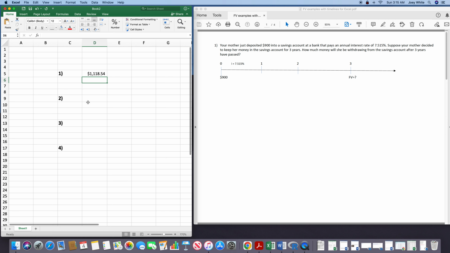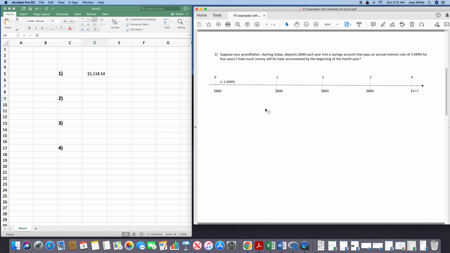All right. Let's look at number 2 now. Suppose your grandfather, starting today, deposits $800 each year into a savings account that pays an annual interest rate of 5.949% for 4 years. I don't know why I put a question mark there. I'm sorry about that. How much money will he have accumulated by the beginning of the 4th year?